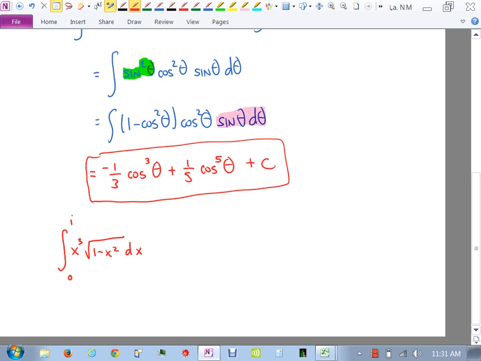Right now, look what I have. What's wrong with my expression for my antiderivative right now? It has thetas in it, right? And my original problem has x's. Well, you have to figure out what's cosine theta. What is cosine theta?